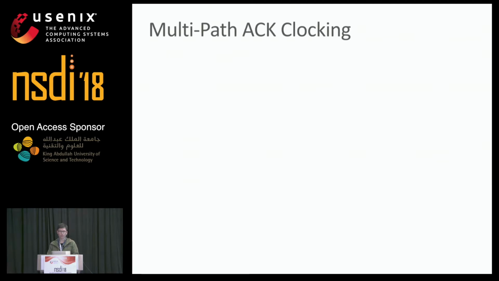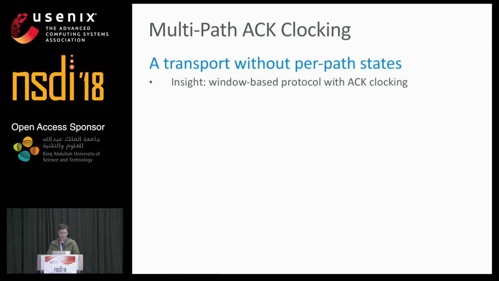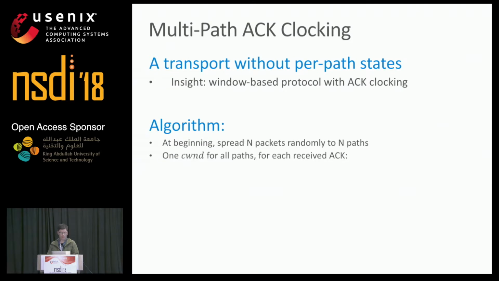Our solution is multipath ACK clocking. Our insight is that we want to design a transport without per-path states, so we use a window-based protocol with ACK clocking. Our algorithm basically runs as follows. At the beginning, we spread n packets randomly to n paths. Then we only maintain one congestion window for all the sending paths.